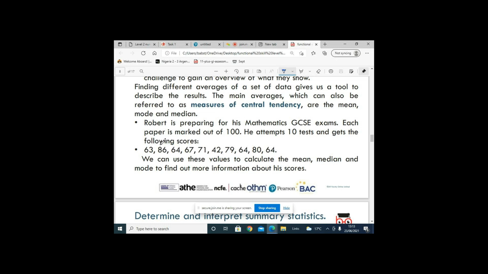If you have to find the mean, you have to add all of them together, then divide by how many numbers there are. There are 10 numbers in total. So you add them together and divide by 10.